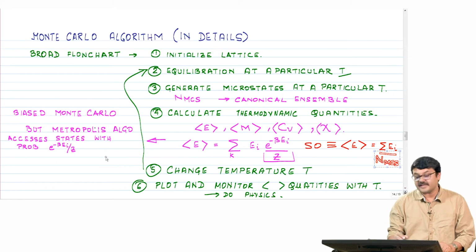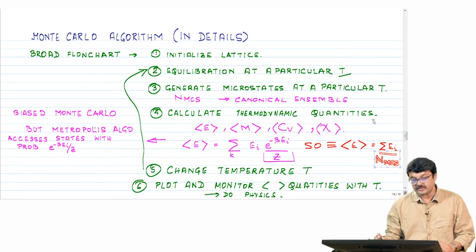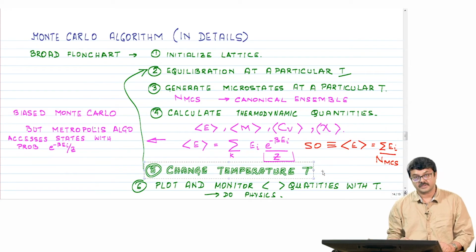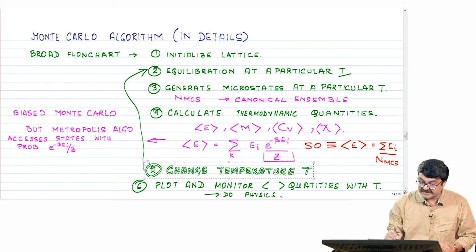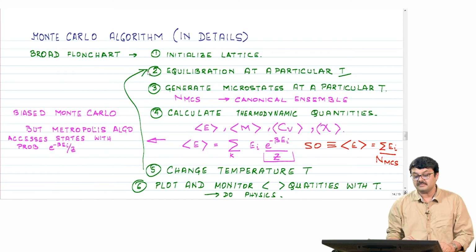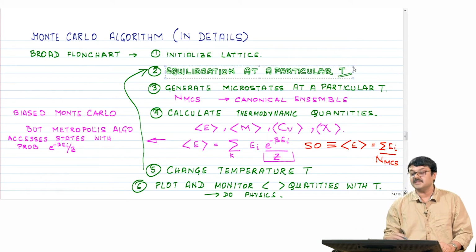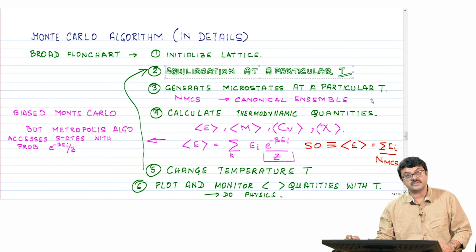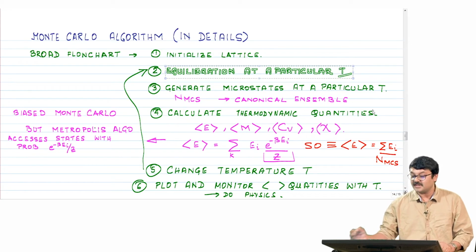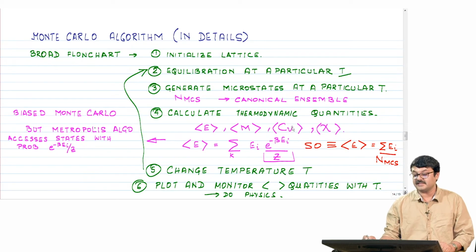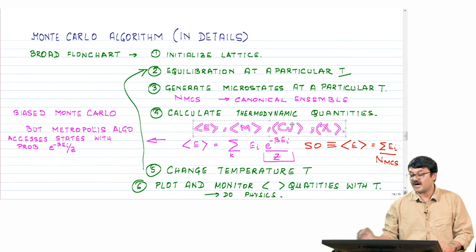So, once you have calculated the thermodynamic quantities at a particular temperature, what you can do is change the temperature, right, and allow the system to equilibrate at this new temperature, generate different microstates at the different temperature, calculate average energy, magnetization, C_V, chi, etc. at that new temperature, and keep on changing temperatures.